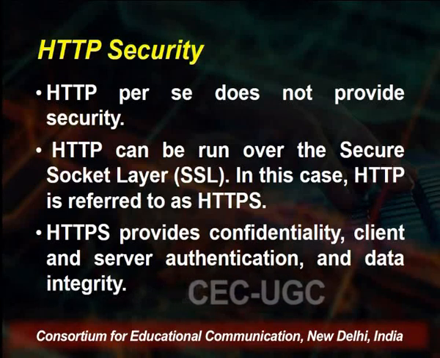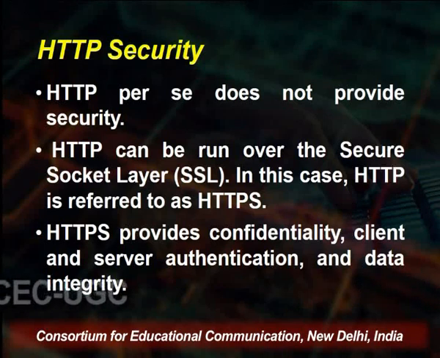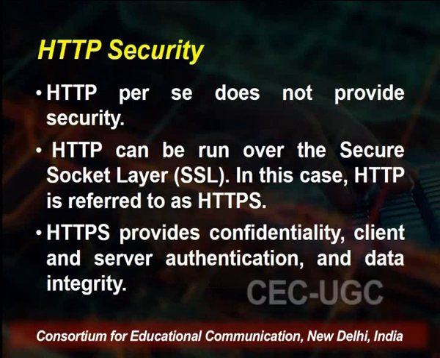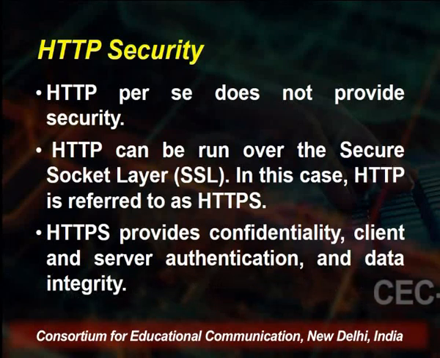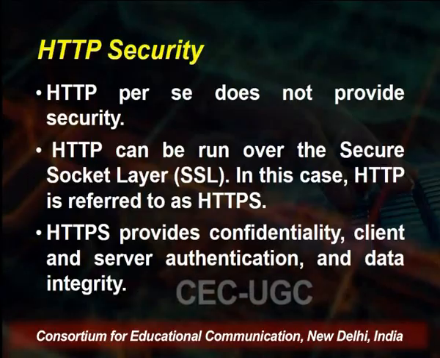So for this, there is another layer known as the secure socket layer, SSL, over which HTTP has to be run. When there is a secure socket layer working on the HTTP, this HTTP is known as HTTPS.